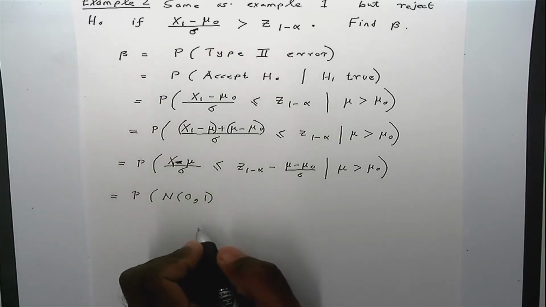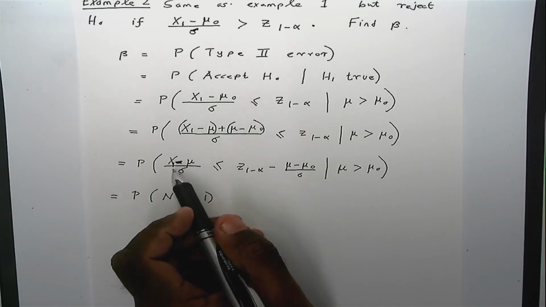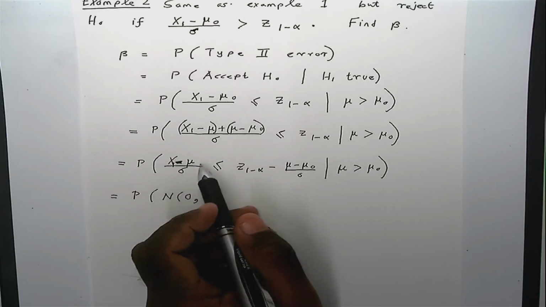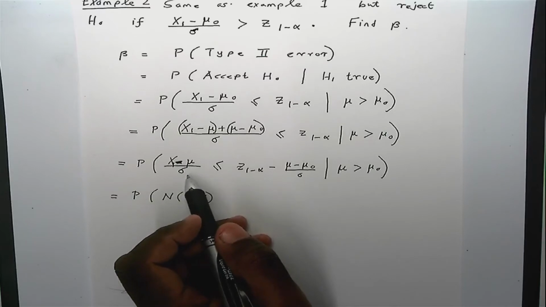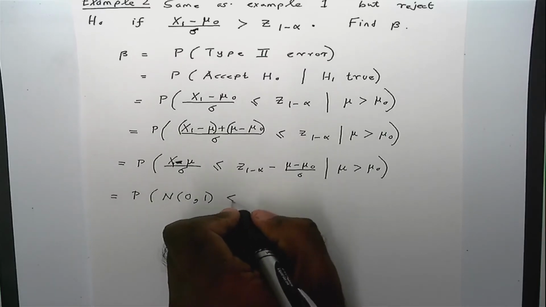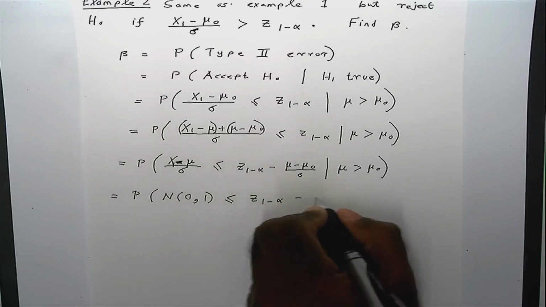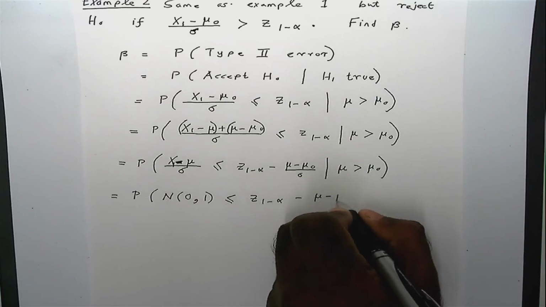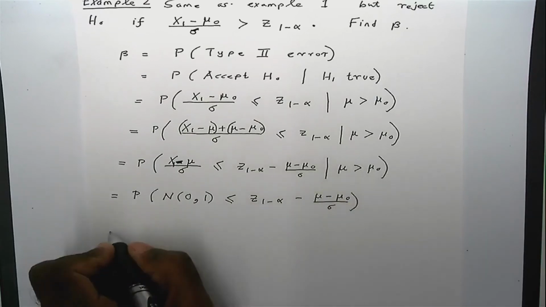Because if x1 is normal with mu and sigma squared, x1 minus mu will be normal with 0 mean and variance sigma squared, and divided by sigma it will be standard normal.